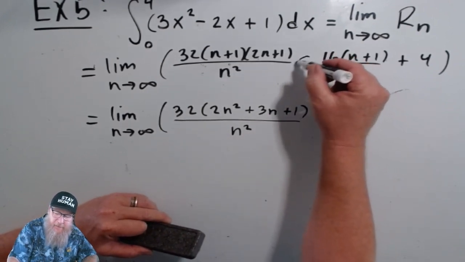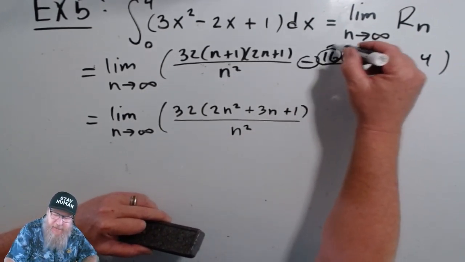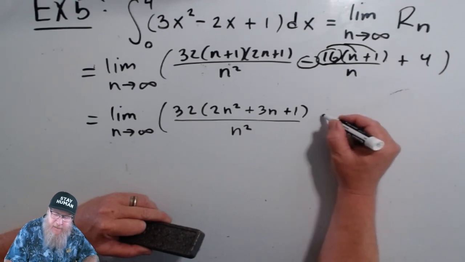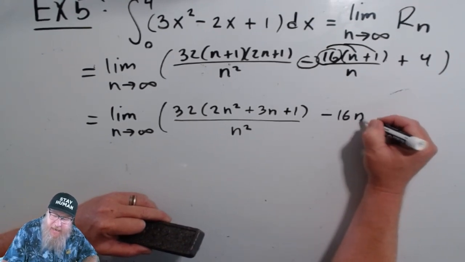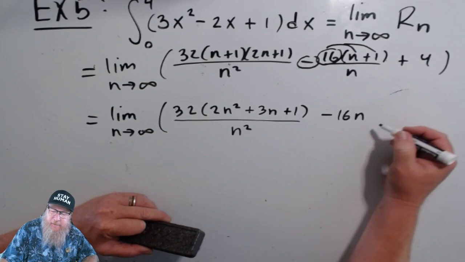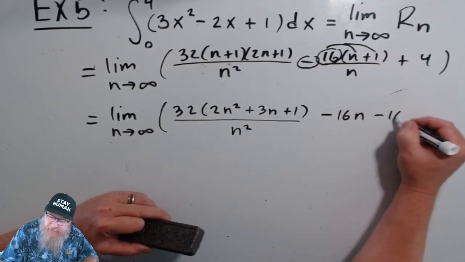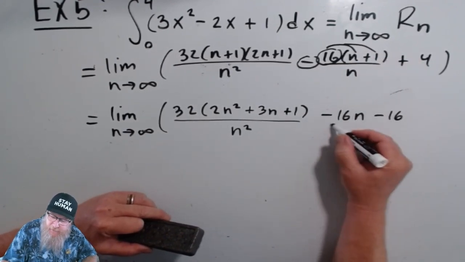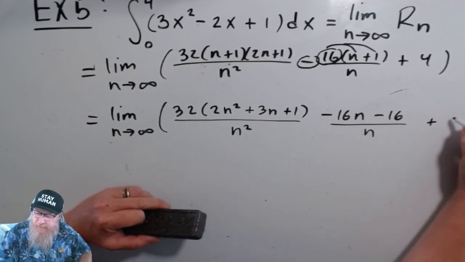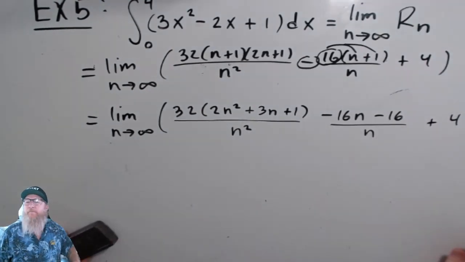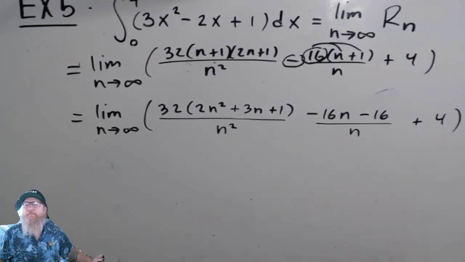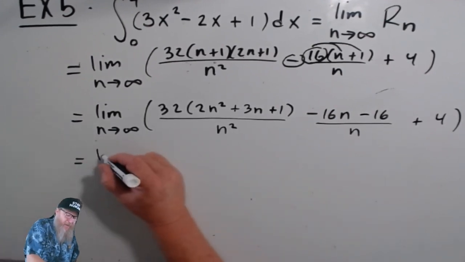And then don't forget this negative goes with the 16 when you distribute. So that's going to be negative 16n. And then negative 16. And that's over n. And then plus 4. We're almost there.